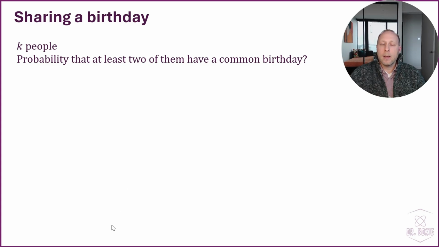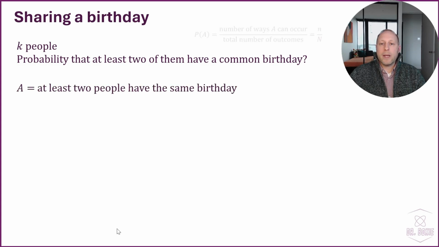In that case, we know that we're allowed to use the formula that I wrote now at the top right corner, which is the probability of some event is the number of ways in which that event can occur divided by the total number of possible outcomes. The event A that we're considering in this case is the fact that at least 2 people share a birthday.